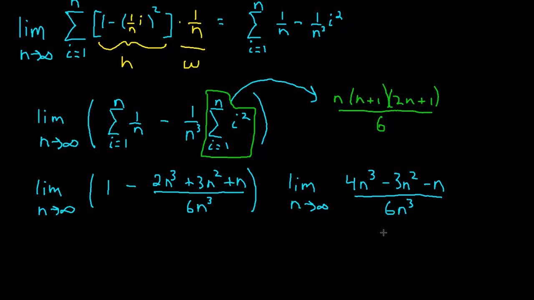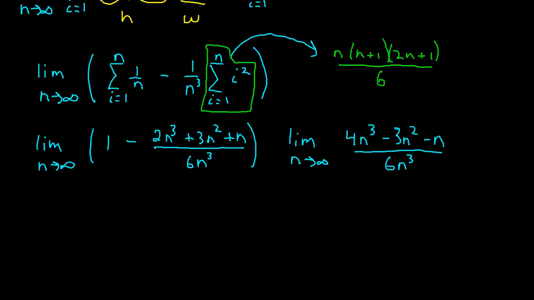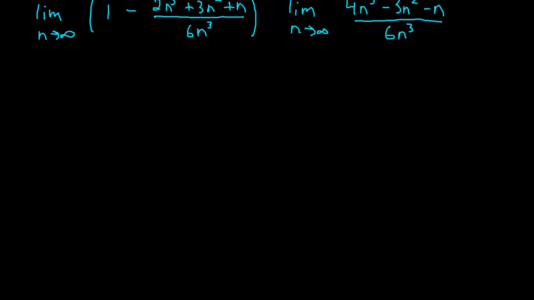All that is left to do is to take the limit of this thing right here. Maybe some of you see what the limit is right away, but the way we do this is you look for the highest power on n and you divide every term by it. So let's do this real quickly.